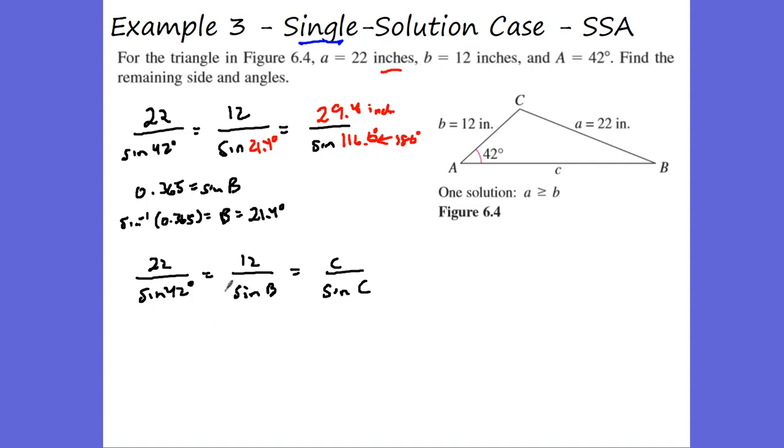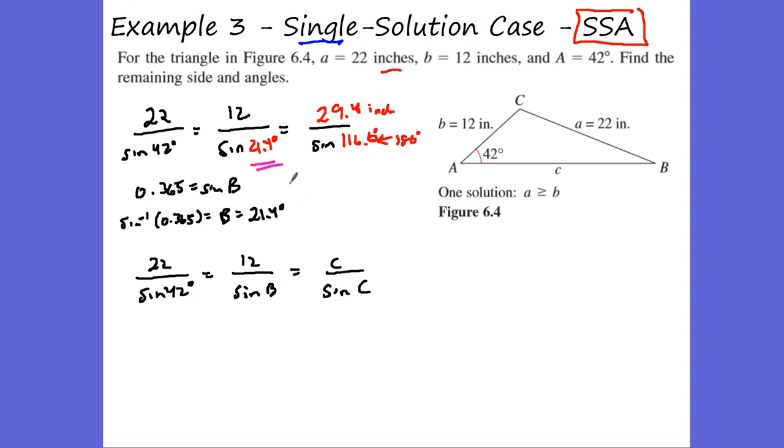Now, anytime you have an angle side side, you have the possibility of having no triangle, one triangle, or two triangles. This first angle I found was 21.4 degrees.